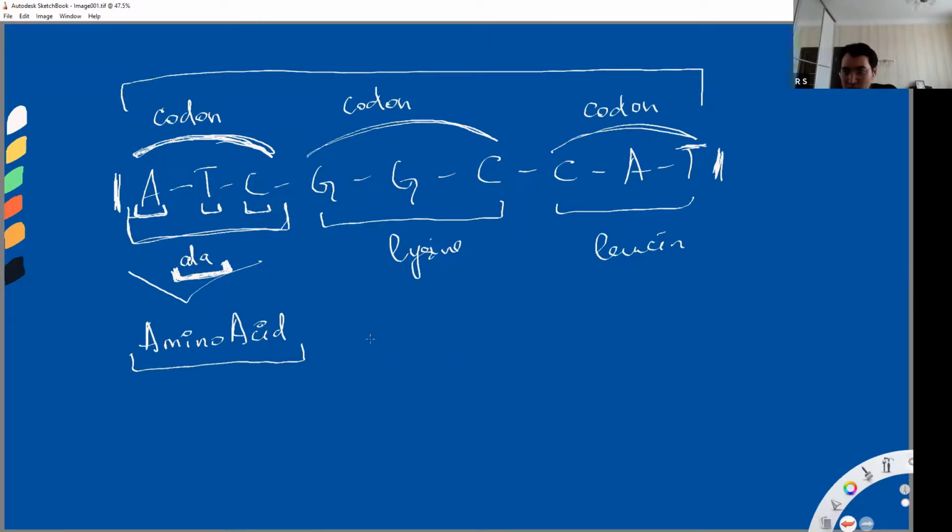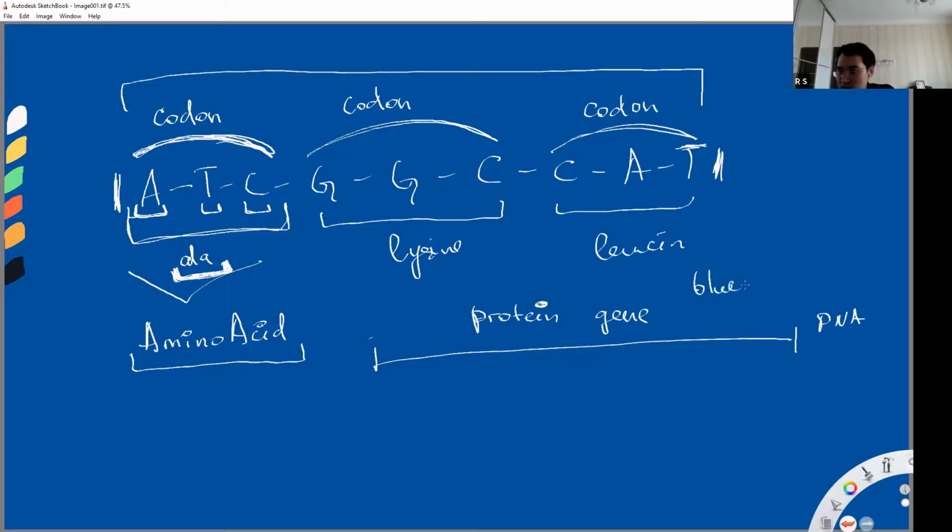So again, this is DNA, and it encodes protein genes. So this is the blueprint of the protein, okay?